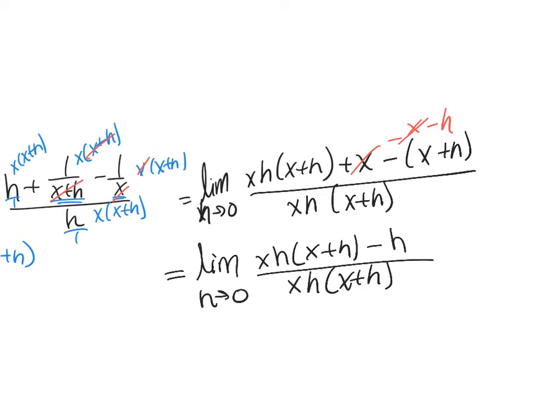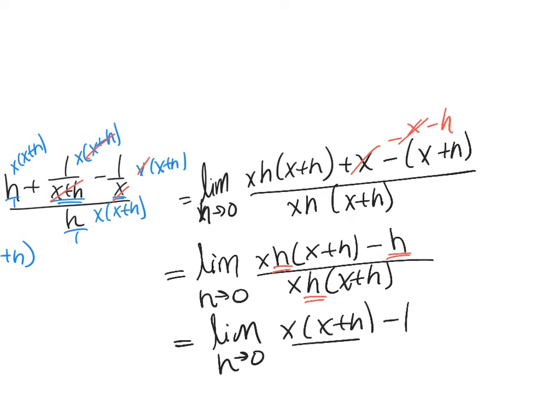The reason I don't want to is because I know that this term has an h, this term has an h, this term has an h. So if I were to factor out an h out of each one of those terms, I'll have a cancellation with the h in the denominator. So when I do that, I get the limit as h approaches 0 of x, x plus h, minus 1, all over x, x plus h.